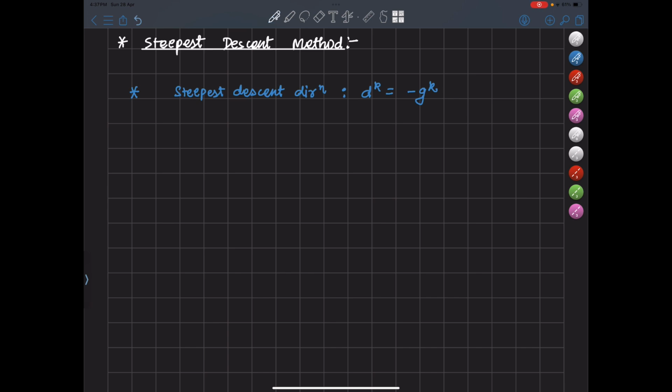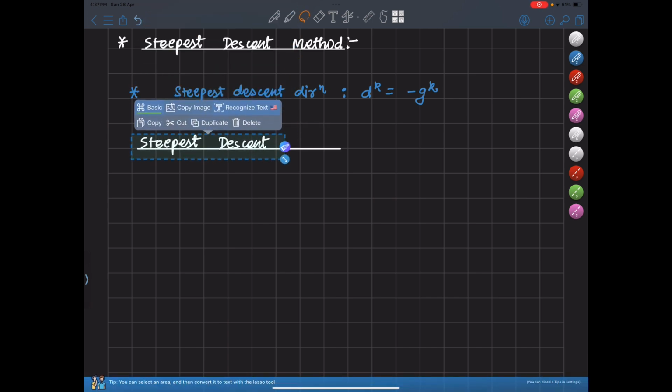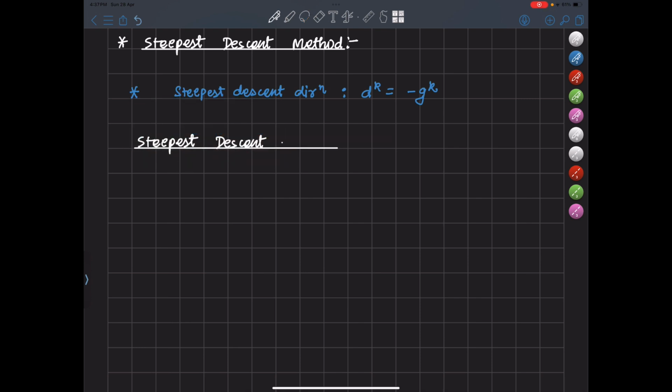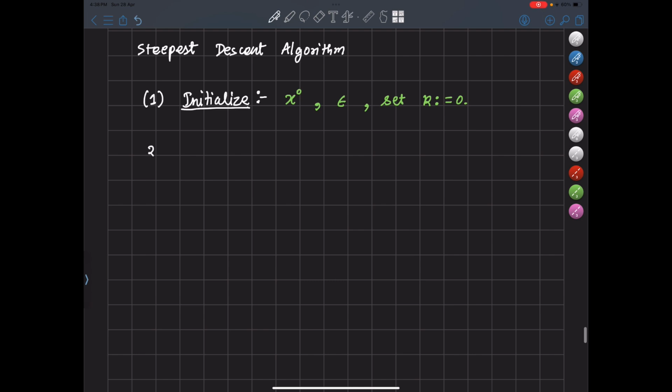Steepest descent algorithm. The first step is the initialization step, in which we initialize x naught, epsilon for use for the stopping condition, and set the iteration variable k.